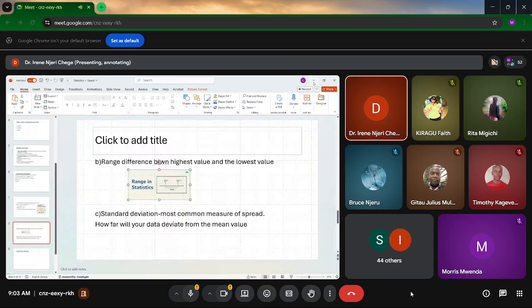Let's look for a diagram before we have to open many PowerPoints. So let me look for shape of data. So I'm just going to put an image so that we have an idea here.